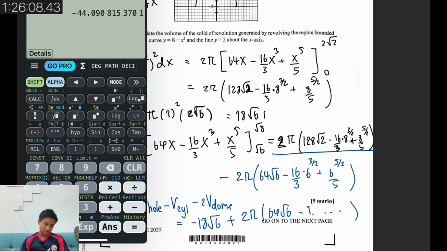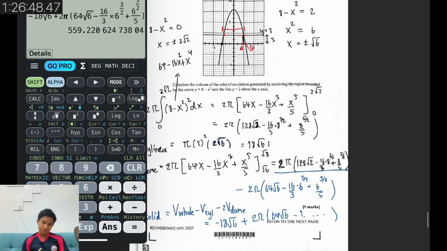Minus 18 root 6 plus 2 pi brackets 64 root 6 minus 16 over 3 times 6 to the power of 3 over 2, and plus 6 to the power of 5 over 2, and then divided by 5. There you go. At least the answer makes sense. It's not a negative or anything.